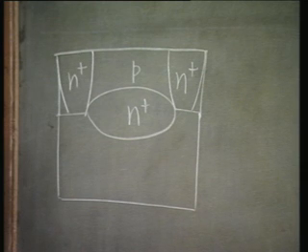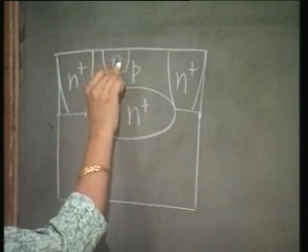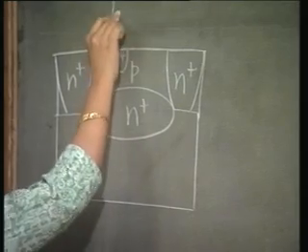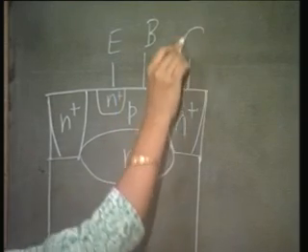Instead of diffusing p plus, you diffuse N plus. So, this is now your emitter, this is your base, and this is the collector.